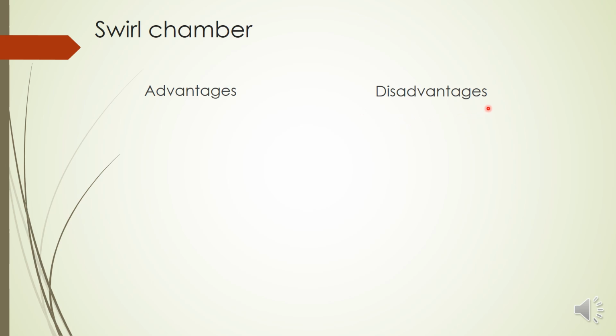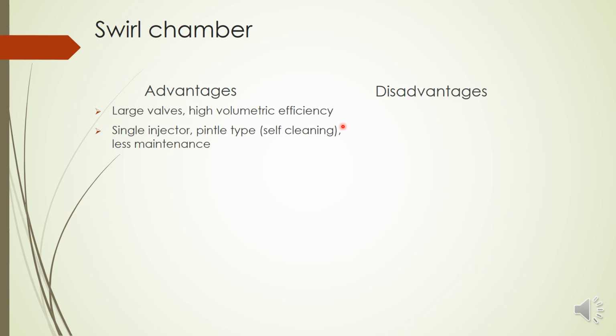What are the advantages and disadvantages of swirl chamber? The advantage is we can use large valves. We are not using induction swirl here. We are not masking the valve or having any projection in the inlet valve. So we can use a large valve for high volumetric efficiency. And a single injector we can use, so the cleaning and maintenance etc. are less compared to multiple hole type injectors.